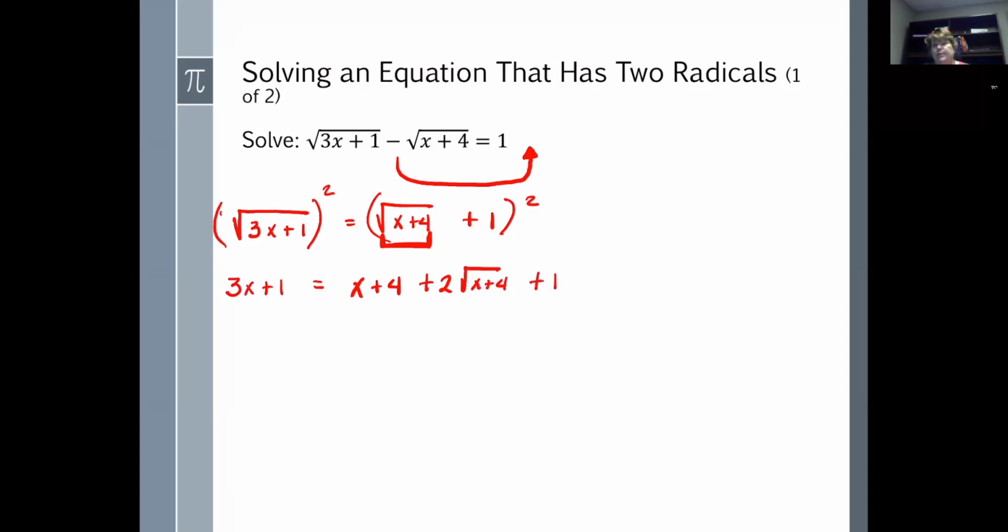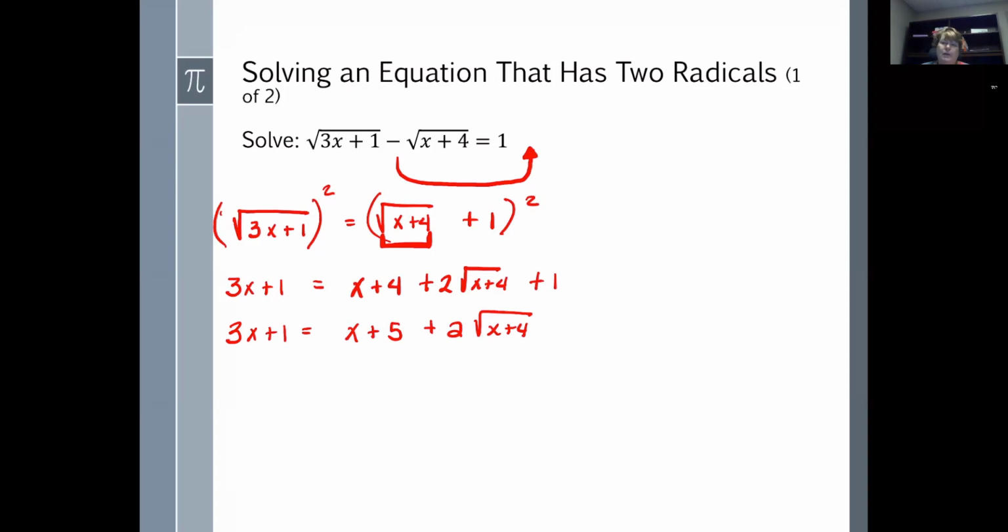Now I'm going to combine like terms and isolate the radical again. So what do I have? Over on the right-hand side, I have a 4 and a 1. So I'm going to write x plus 5 plus 2 times the square root of x plus 4. Now I need to isolate that radical, that square root of x plus 4.